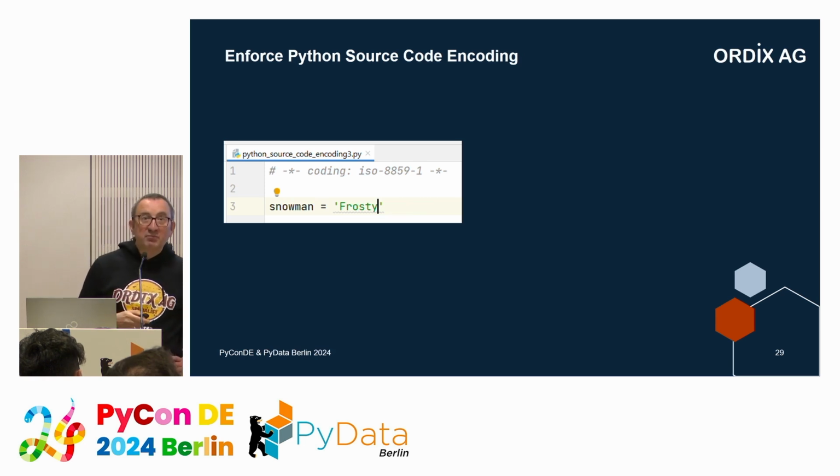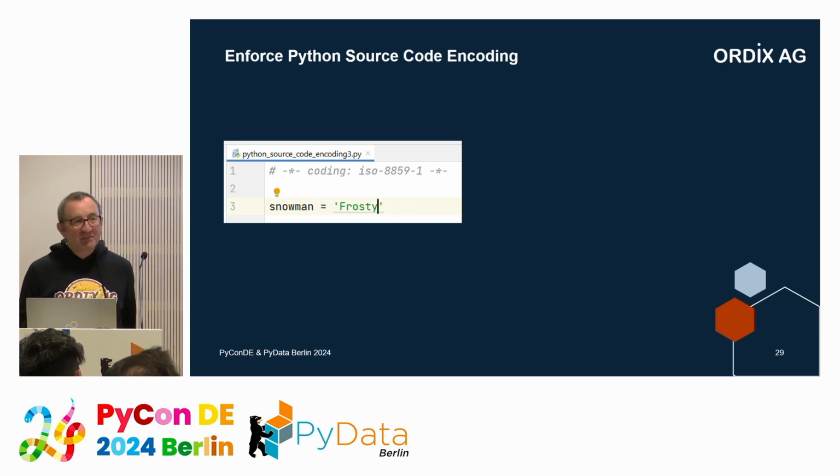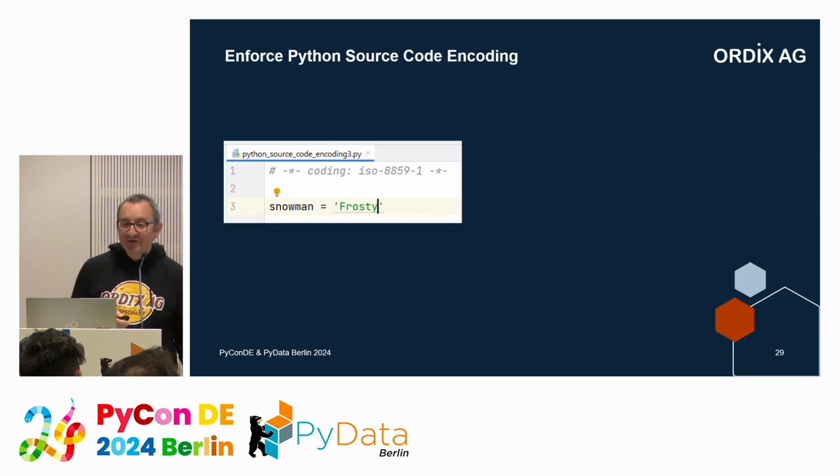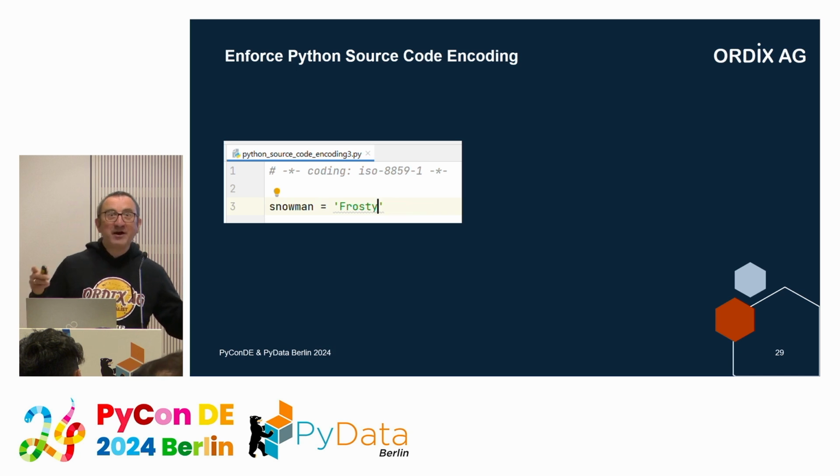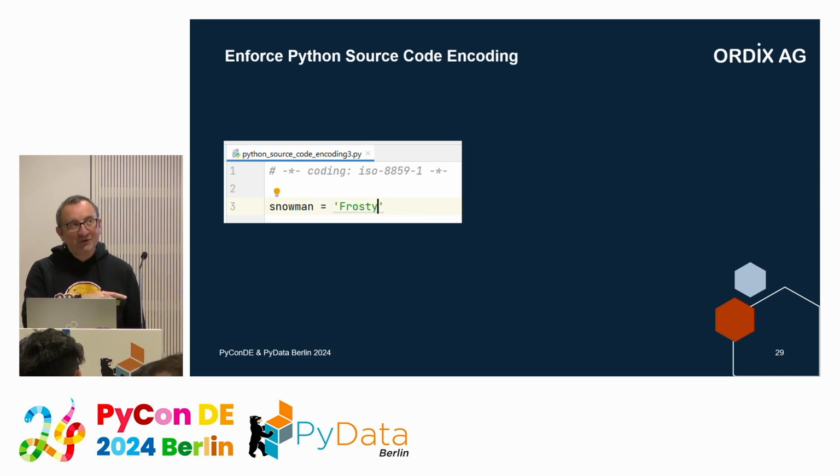This works pretty well with Python, with PyCharm, and I had no success in running this one in Visual Studio Code, and I didn't find any plugins which work with this one. So you have to configure all your code base if you want to do something like that, if you have a boss like me.